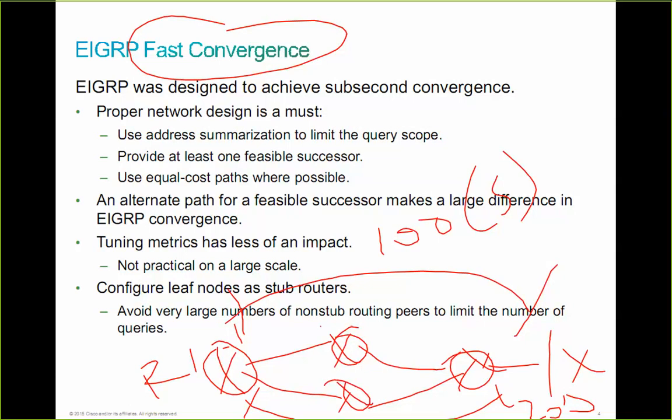And the feasibility condition states this: the reported distance of the feasible successor has to be less than the feasible distance of the successor. Let me erase that and try that again.